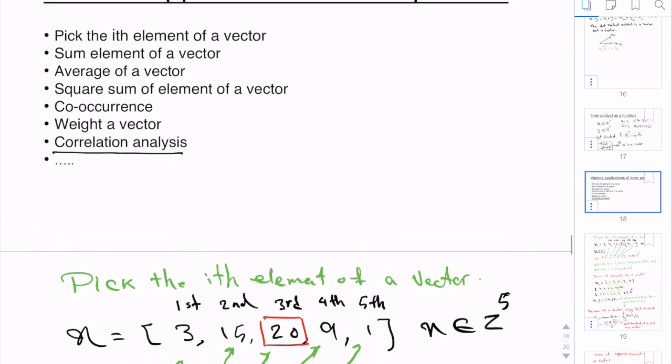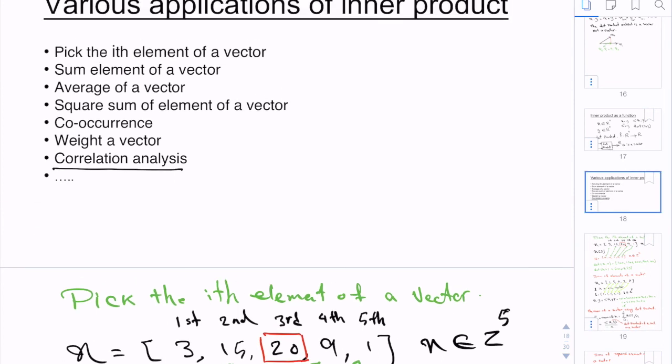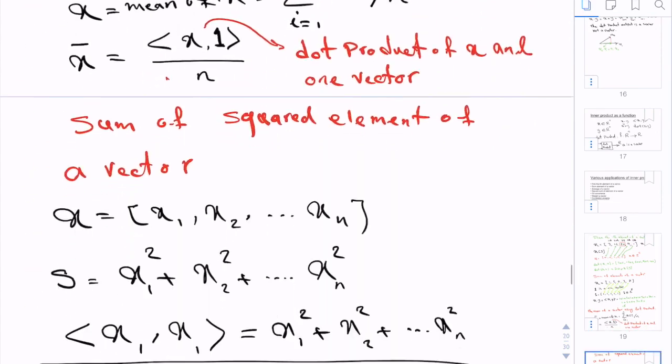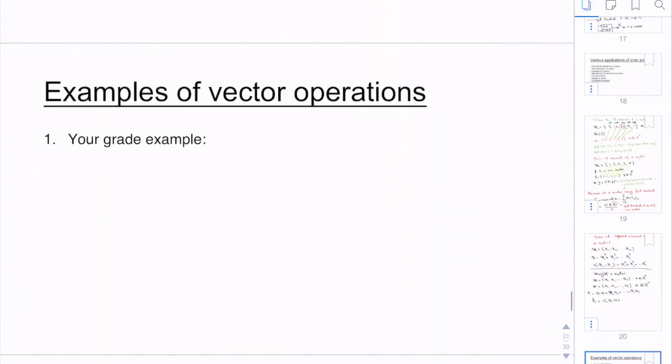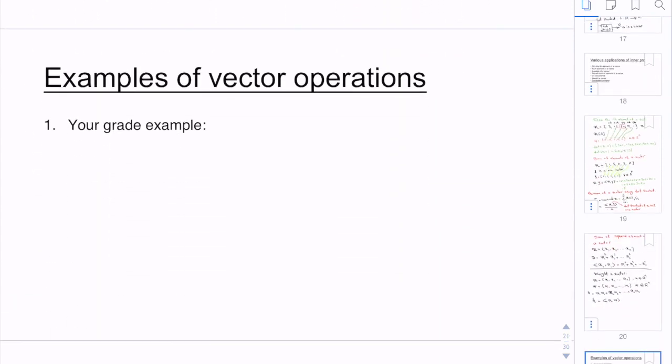In summary, I showed you that the inner product has a lot of applications. I showed a couple of examples here, but the applications of the dot product are much more than these few examples.